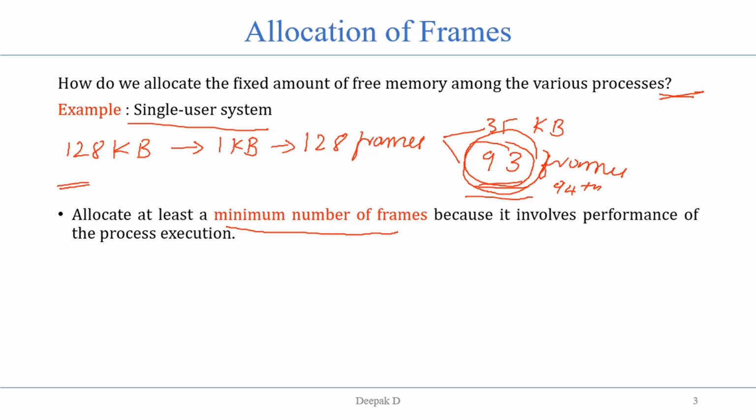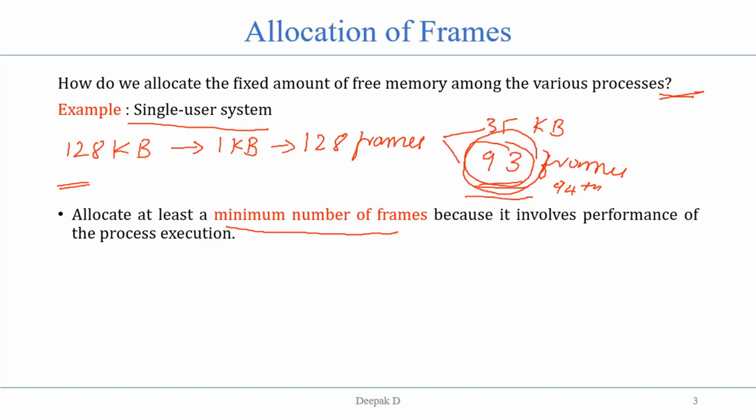We must allocate at least a minimum number of frames, for many reasons, and one of the major reasons is performance. As the number of frames allocated to each process decreases, the page fault rate increases, which slows process execution.